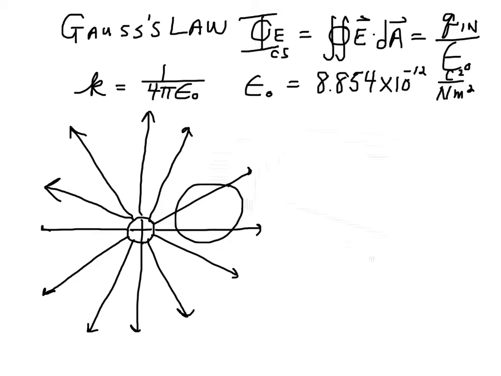So we see 2 field lines entering the sphere and 2 field lines leaving the sphere. Even though this would be difficult to calculate because the field is not uniform and the angles are different everywhere over the sphere, we can see in a simple conceptual way that the flux entering and the flux leaving are the same, minus 2 and plus 2. And so the charge inside the sphere is 0.